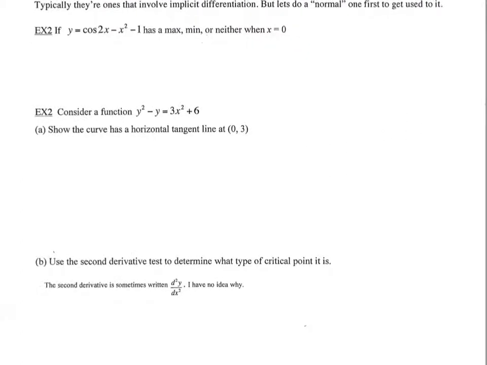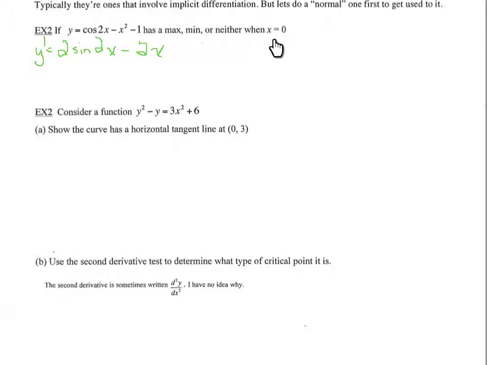So example 2. If we take the first derivative of this function, the first derivative is 2 sine 2x minus 2x. And what we're interested in is what's going on at x equals 0.